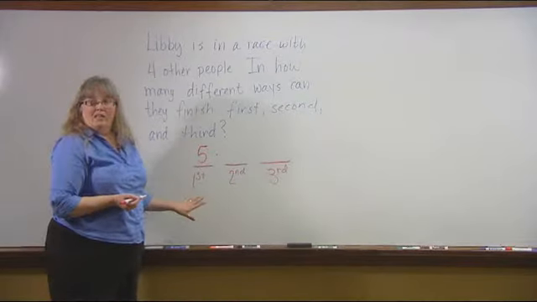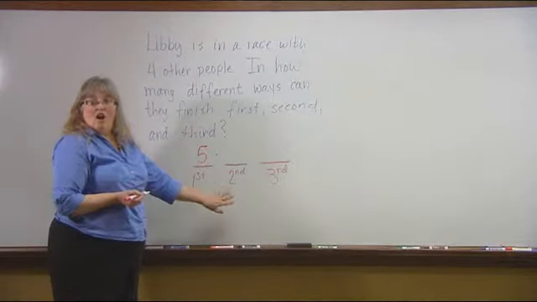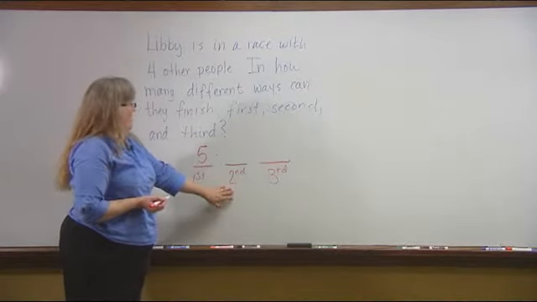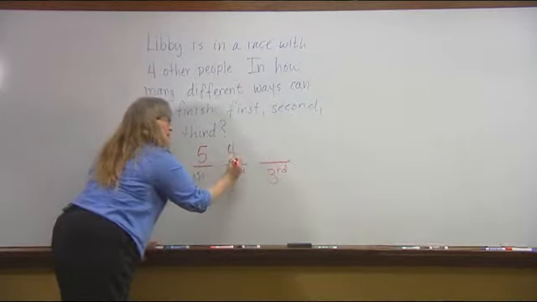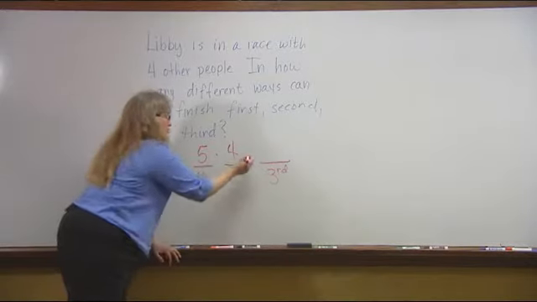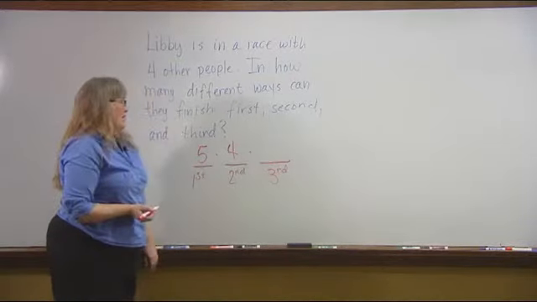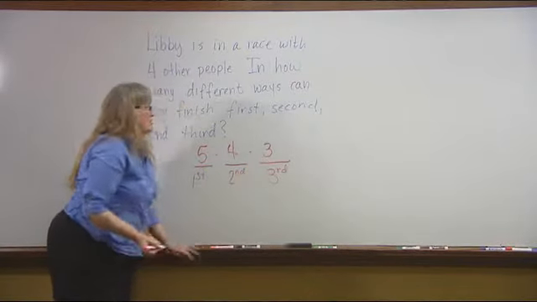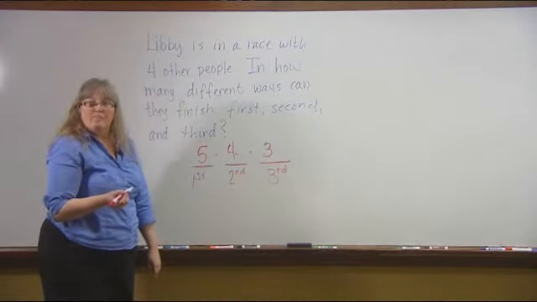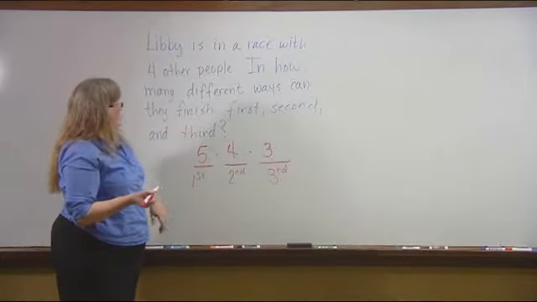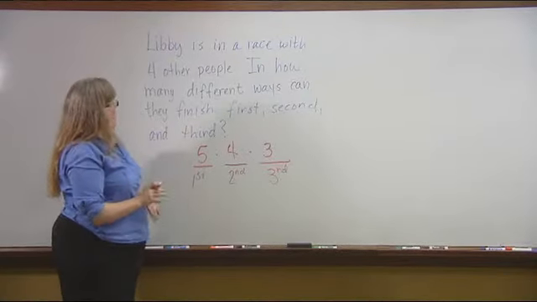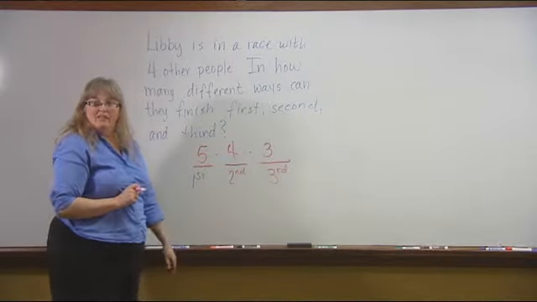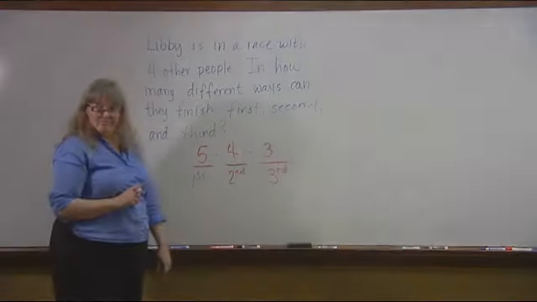Then once the first place winner is decided, there are now 4 possibilities of people that could come in second. And then once we have first and second place decided, there are then 3 different people that could finish third. And so here, the total number of different ways will be 5 times 4 times 3, which is 60.